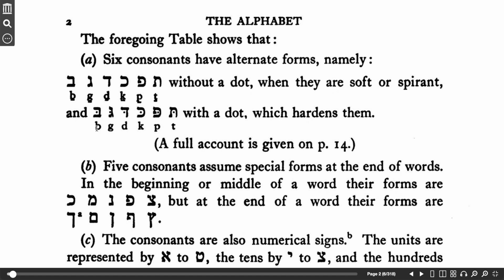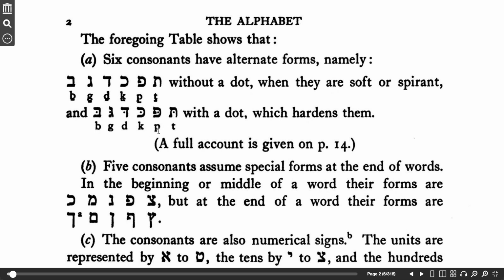Then you can put dots in them, and it hardens them. Well, we call this begad, B-E-G-A-D. We put these little vowels in here. Begad, B-E-G-A-D, kefat. Begad, kefat. K-E-P-H-A-T.